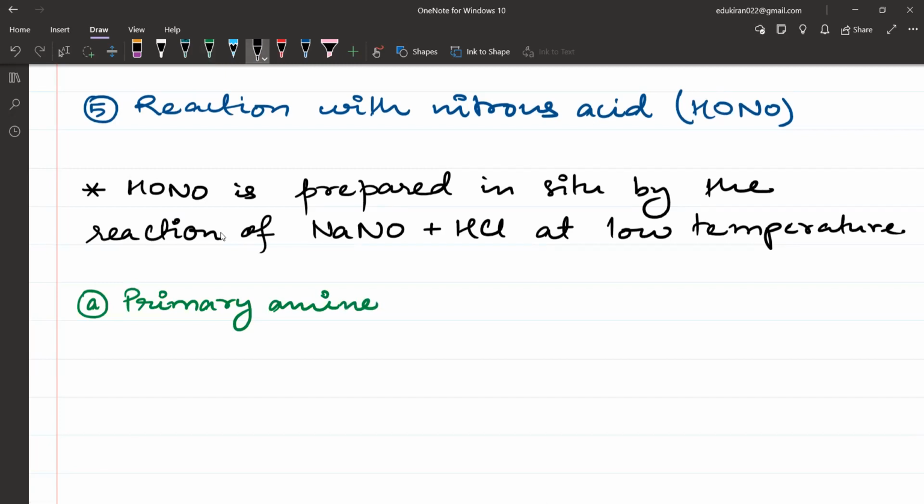If I have primary amine, that is RNH2, it reacts with HONO and first gives you a salt, that is RN2 plus with Cl negative.